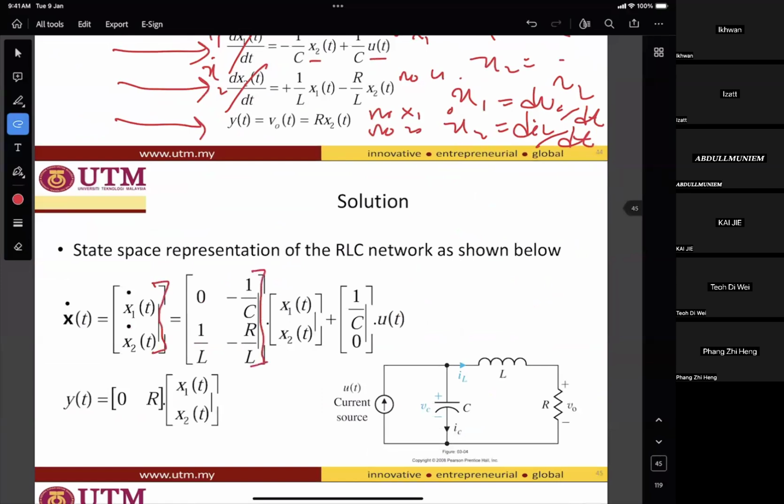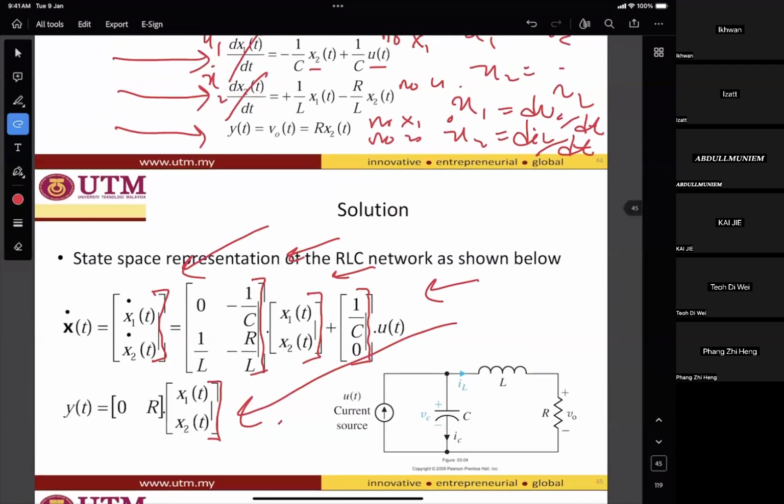Arisha, do you have any comment why when I convert from PowerPoint to PDF the square brackets are not aligned? Not sure. Maybe investigate. Yes.